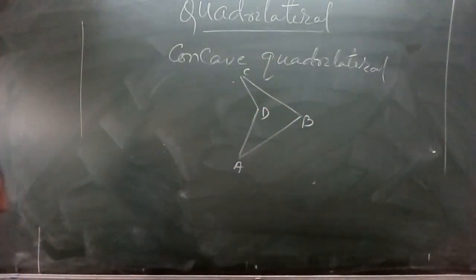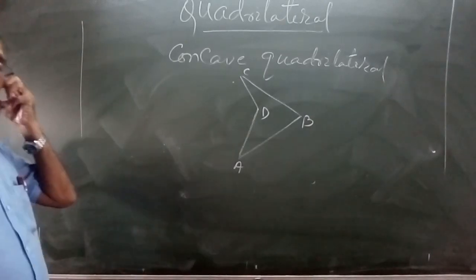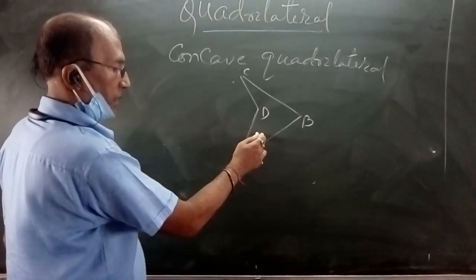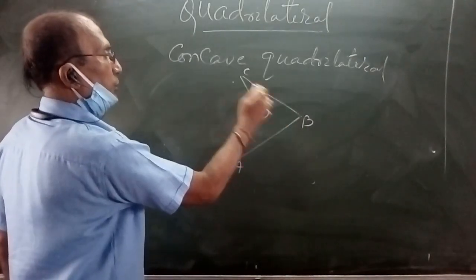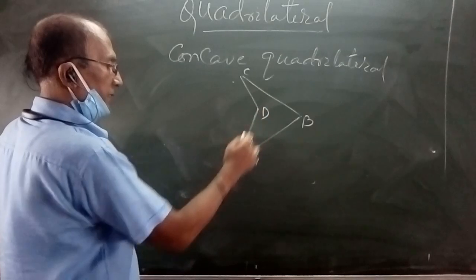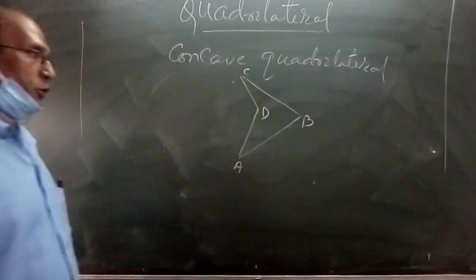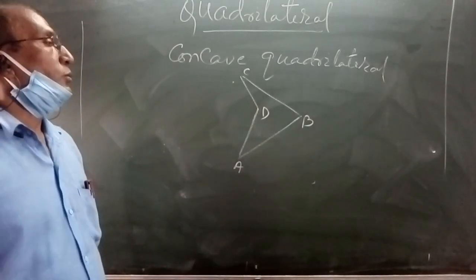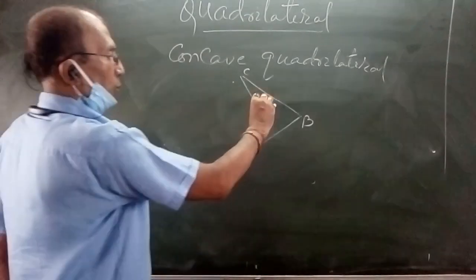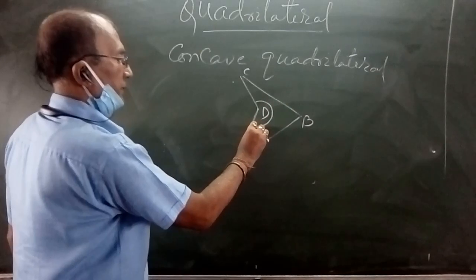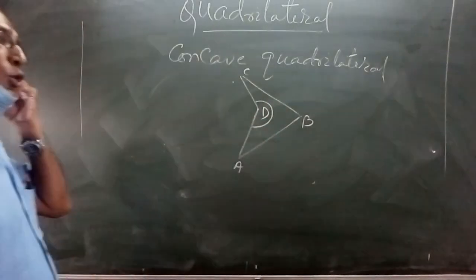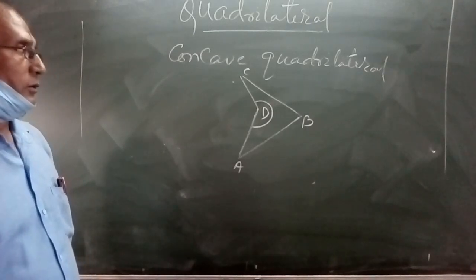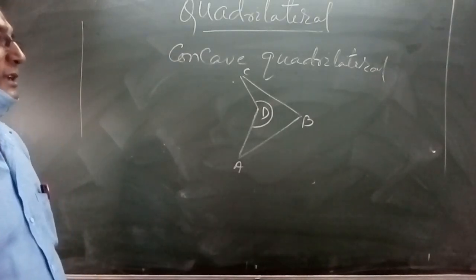We know quadrilateral is a four-sided polygon. In this figure, there are four sides: AB, BC, CD, and DA. So this figure is also a quadrilateral. In a quadrilateral, if one angle is more than 180 degree, here angle D is more than 180 degree, so the quadrilateral is called concave quadrilateral.